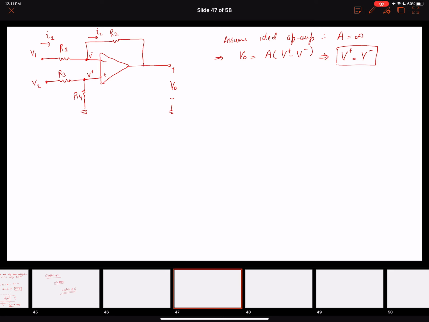So let's look at the V negative node here. At the V negative node, if I apply Kirchhoff's laws, I2 R2 plus V naught, so V naught should be equal to V negative minus I2 R2.